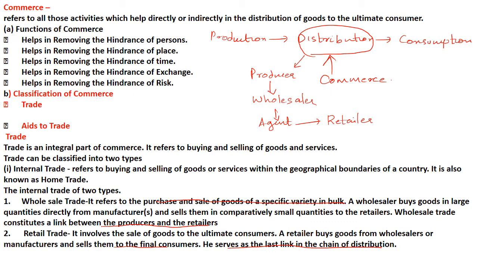Now, the next important topic is commerce. What do you mean by commerce? Commerce means those activities that are helping directly or indirectly in the distribution of goods to the ultimate consumer. Production and manufacturing is over. After production, next comes distribution.